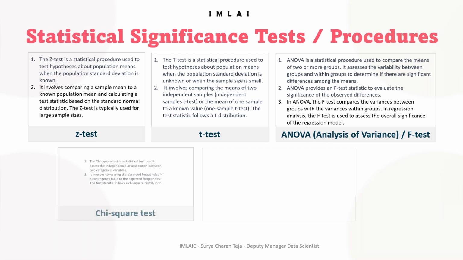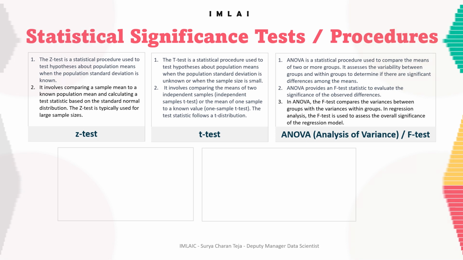Then what we have here is part of ANOVA, the F-test. The F-test is a statistical test used in analysis of variance to determine if there are significant differences among the means of two or more groups. It compares the variability between groups with the variability within groups. The test provides an F statistic and a p-value, allowing for conclusions about significance of the observed differences among groups.